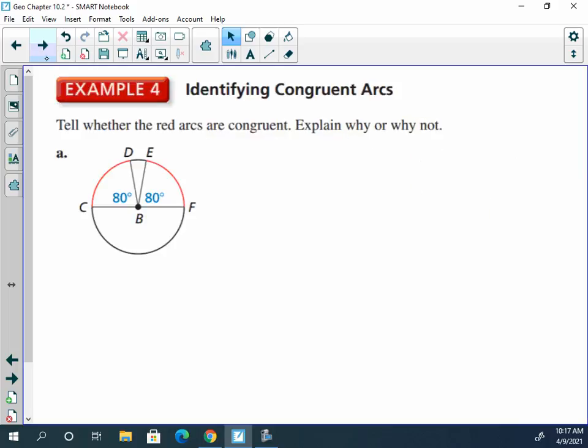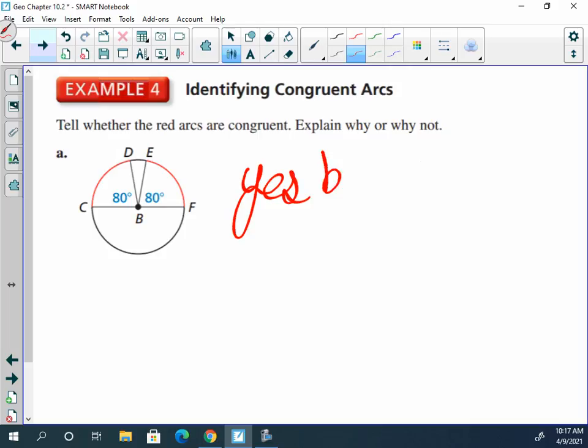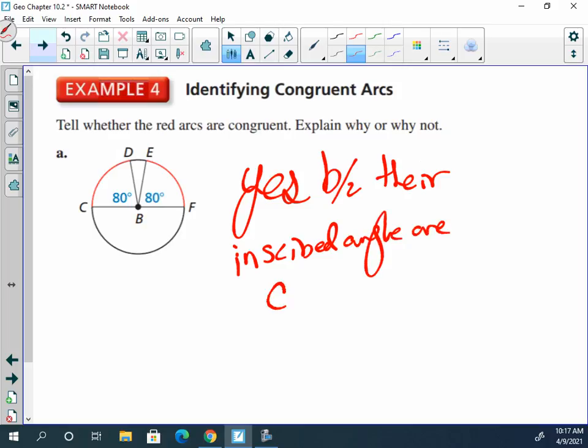So, looking at this here, are the 2 red arcs, it's hard to see on your paper, but on this here, are the 2 red arcs congruent? Yes. Because their inscribed angles are congruent.